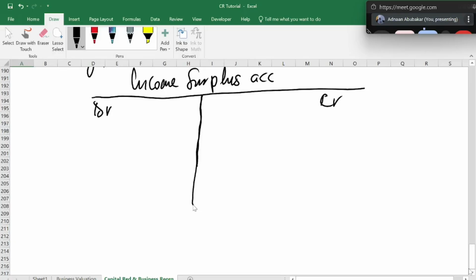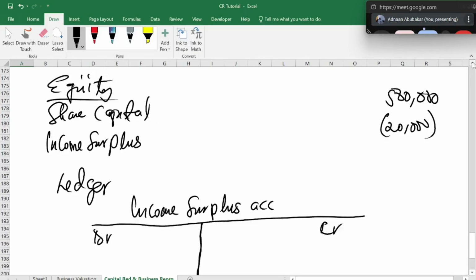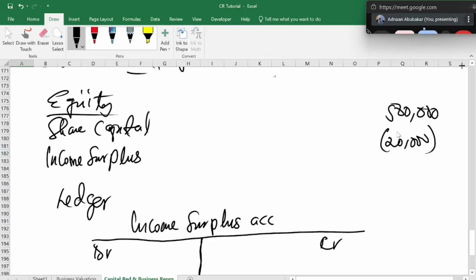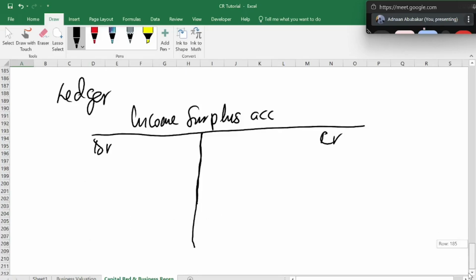Income surplus is supposed to have a credit balance, but when you look at it, it's negative. So it means it is at the debit side. So you have your balance brought down for 200,000.